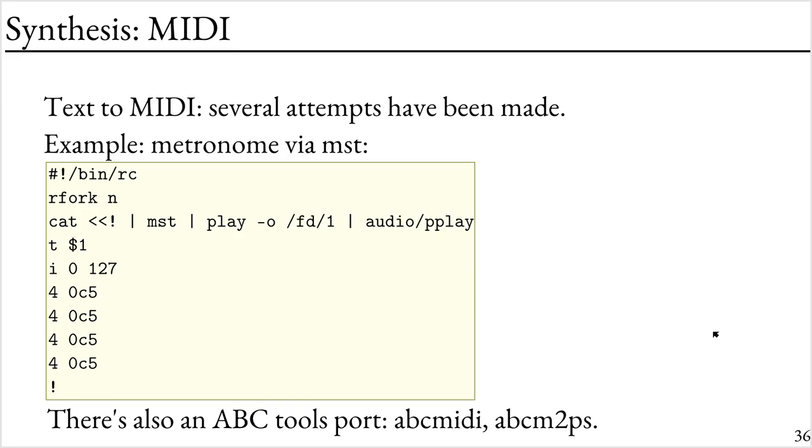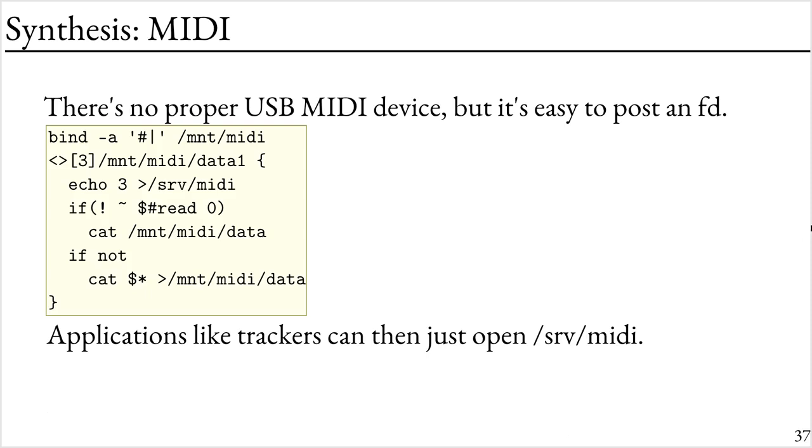And there's also a port of ABC tools by Umbraticus, which can be used for more sheet-like music stuff. But I don't know if it has been used a whole lot, but it does work. And again, there's no proper USB MIDI device, but it's very easy to post a file descriptor that other applications can use, like the end of a pipe.